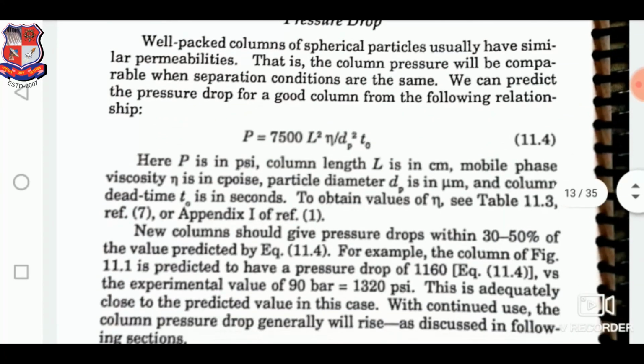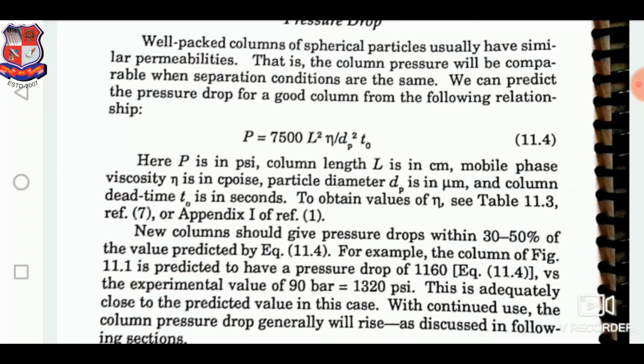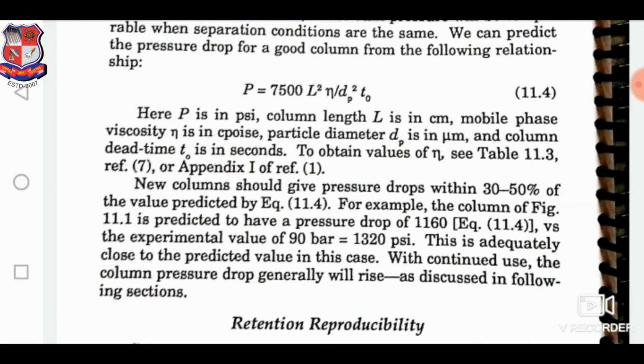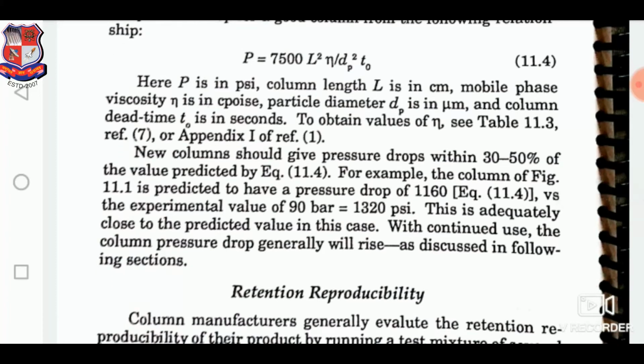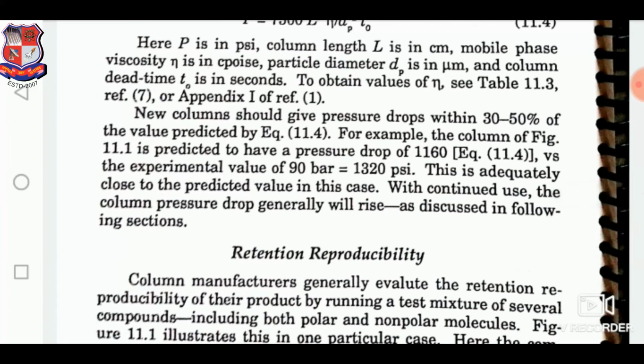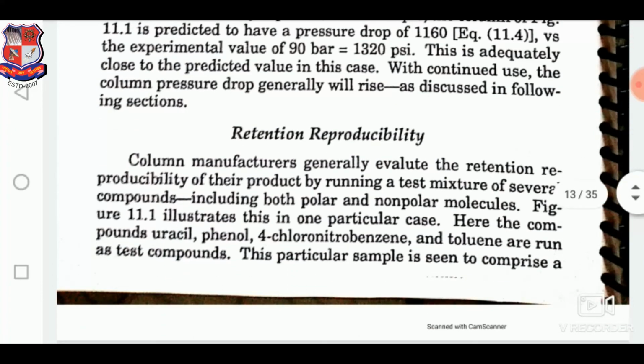So here if we calculate the pressure drop, the predicted value is 1160, while the experimental value was 1320. This is adequately close to the predicted value in this case. With continued use, the column pressure drop generally will rise. We'll discuss that in the following section, retention reproducibility.